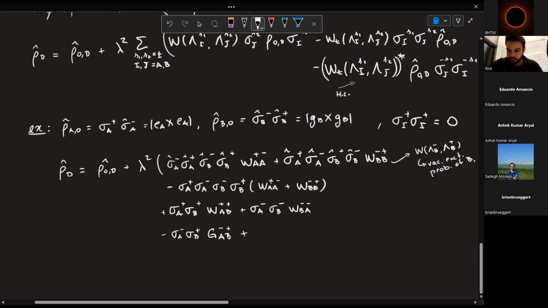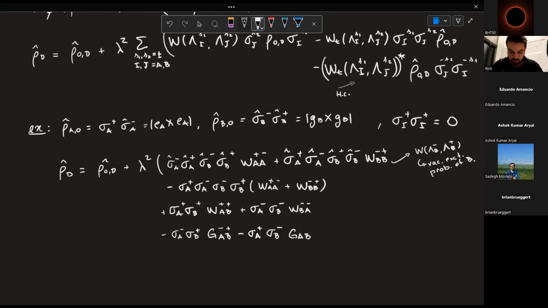And minus sigma A plus sigma B minus G AB minus plus, conjugate. And of course, we get the other terms, which are for lambda to the 4th, assuming it was a free state. Cool.